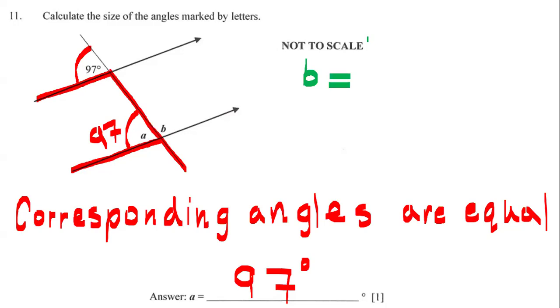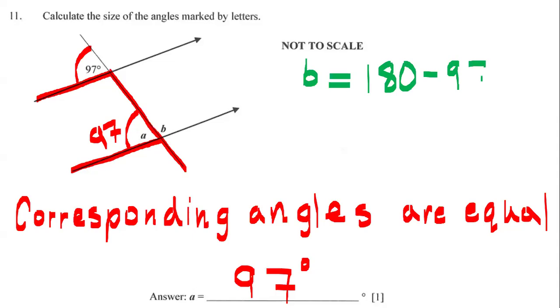All right, so what have we got for B? What did y'all get for B? Say it again. 83. Why did y'all say 83? Because of angles. Josh said 180 subtracted by 97. Very good. So 180 minus what? Minus 97.